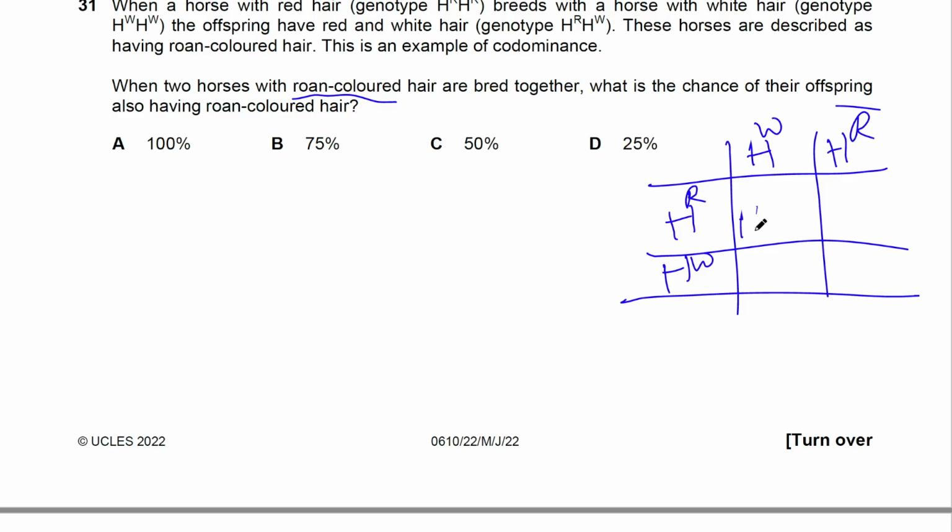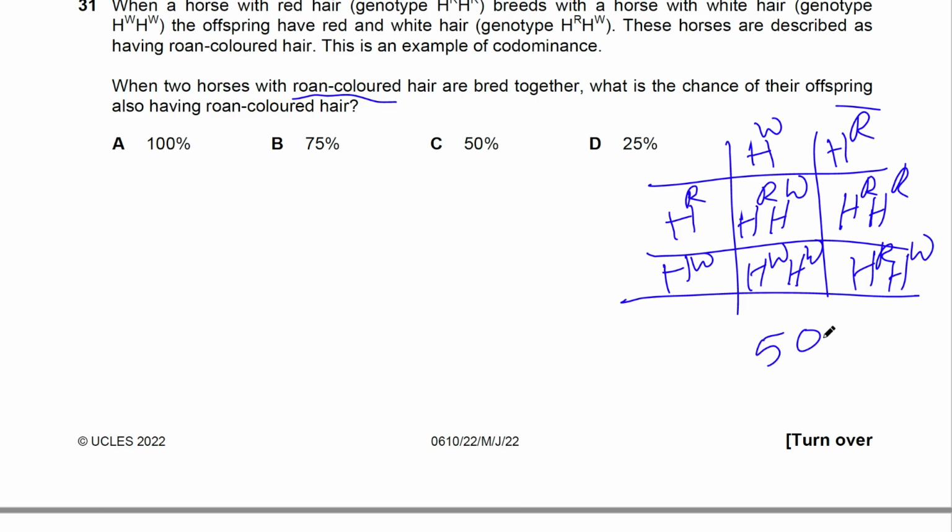Let's see, the first one, R capital W, the second one R capital, I mean red color, the third one white, both of them, the fourth one roan color. Okay, so two out of four, that means it should be 50%. The right answer should be C, because we have here a different color and we have here a different color.